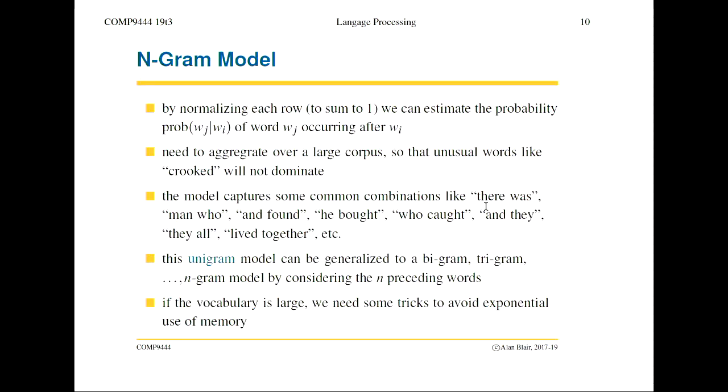These combinations tend to occur not just in this document, but generally: there was, man who, and found, he bought, who caught, and they all lived together. Those are pairs of words that often occur one after the other.